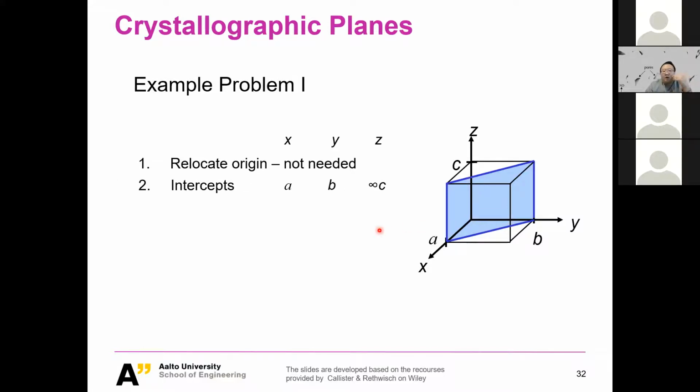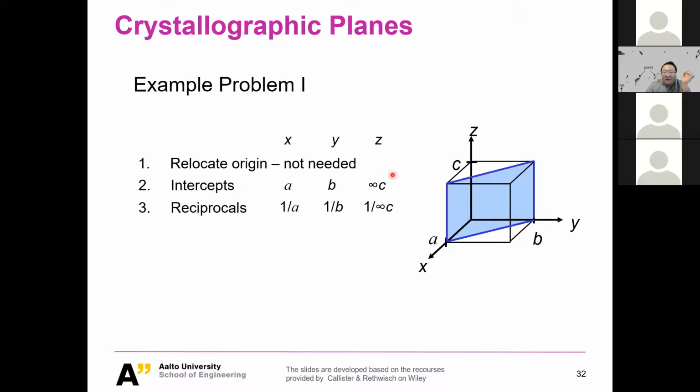The second step is we need to find the intercepts of this plane with our coordinate system. For the x-axis, you see this is A, for the y-axis, this is B, and for z, there's nothing. It is kind of infinity because it is parallel with the z-axis, right?